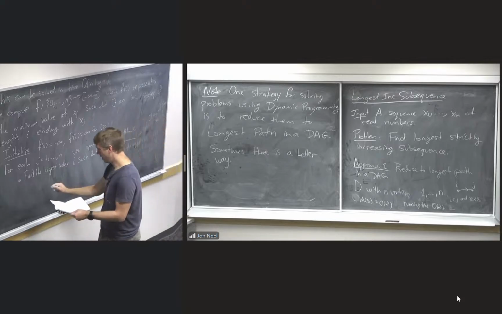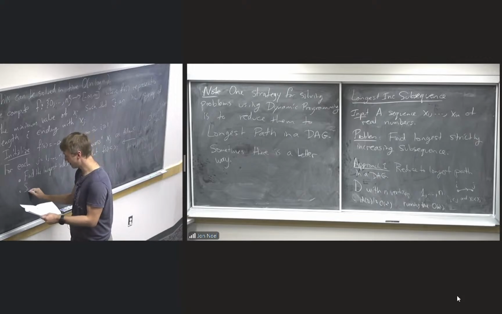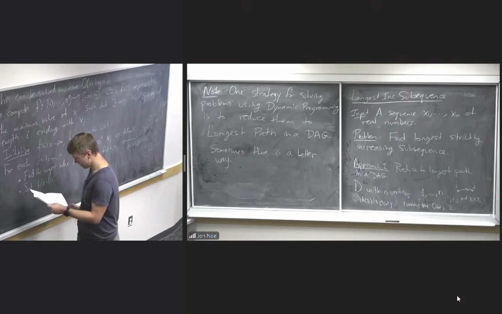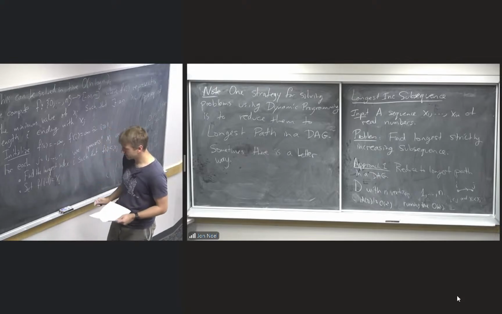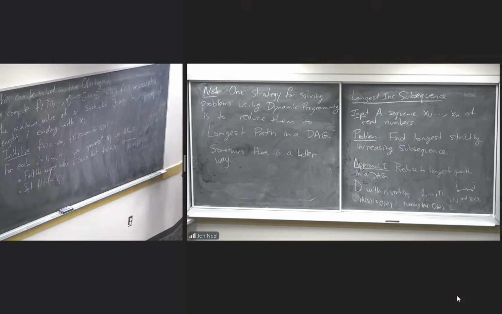And then once we do this, we're going to set f of I plus 1 to be xj. Okay, let's try to see why this works.